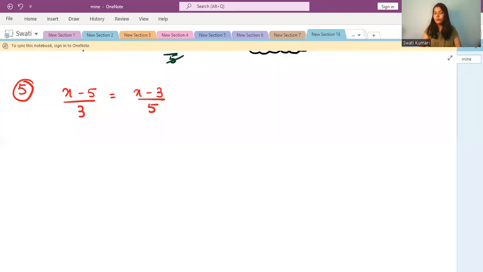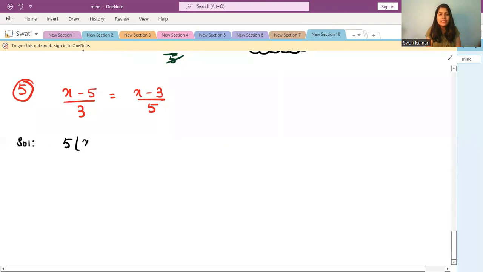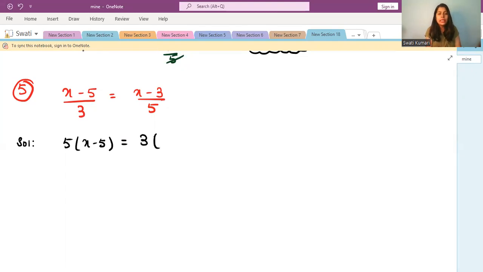So if you want, you can pause this video right now and think about what I'm going to use, and then check whether I'm going to use the same method that you just now said or not. And yes, the method is we are going to use cross multiplication here. So using cross multiplication, this will become 5 times x minus 5. I hope you thought about cross multiplication only. And now this will become 3 times x minus 3.